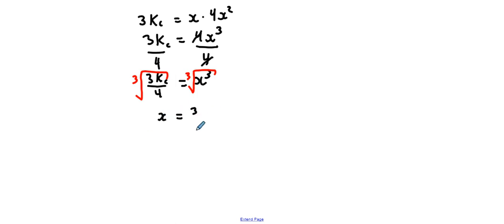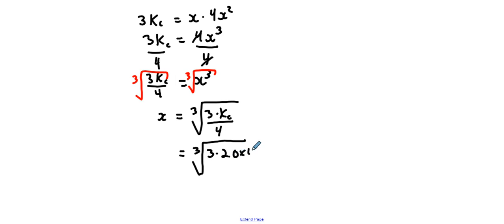I'm going to say that it's equal to the cube root of this expression, 3 times Kc all over 4. And this is where I would naturally then substitute in. I'm a big one for not substituting until it's fully rearranged. So that's why I've done this here. 2.0 times 10 to the negative 6 all over 4. And that, again, is what X is equal to.